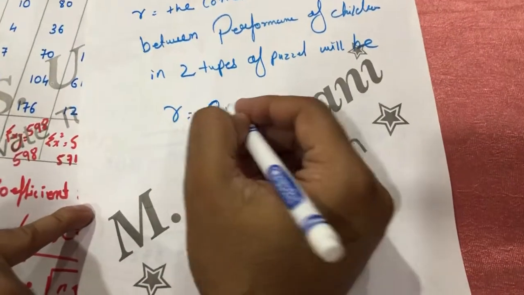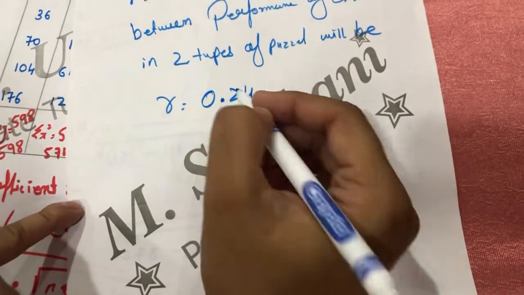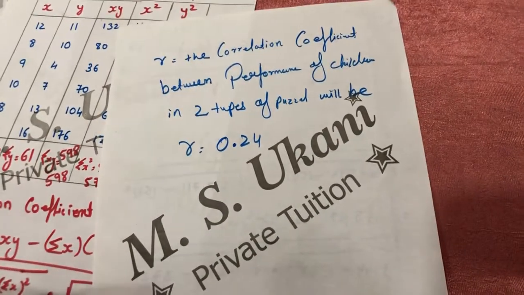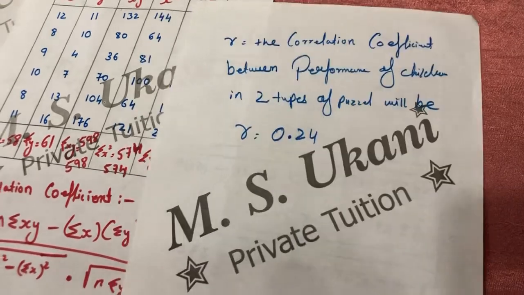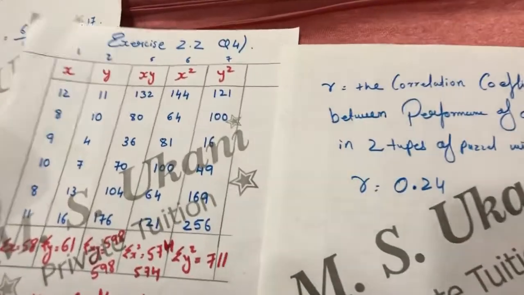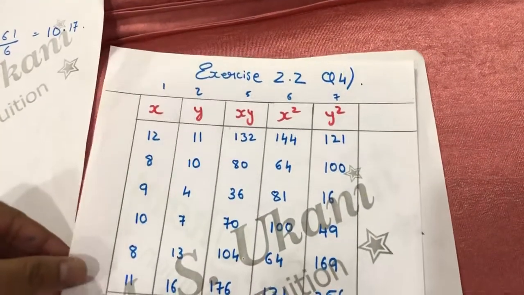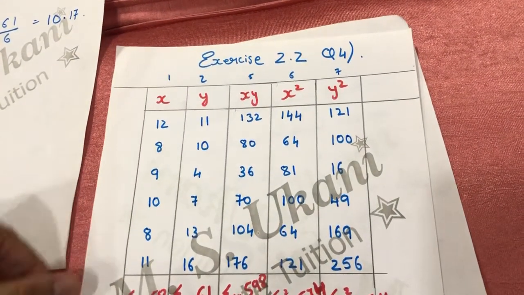So here we have to write 0.24. Okay, so here we have completed our exercise 2.2 question 4, that is related to the second formula of Karl Pearson product moment method.